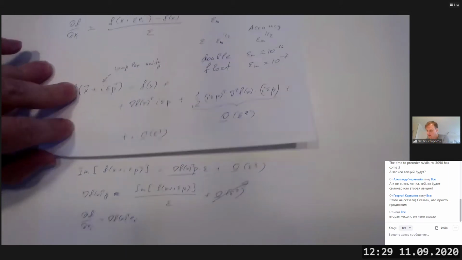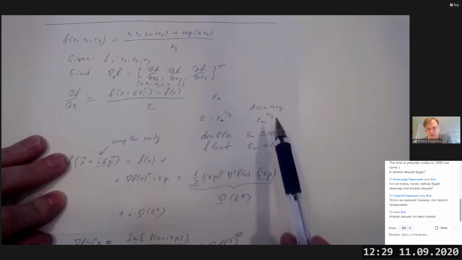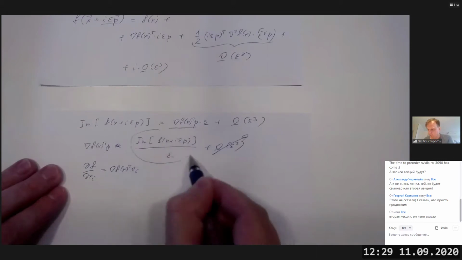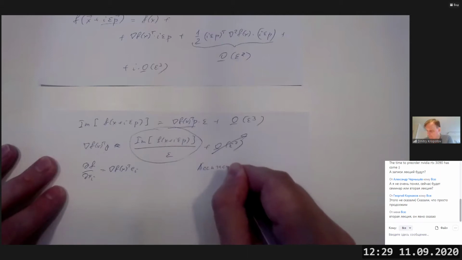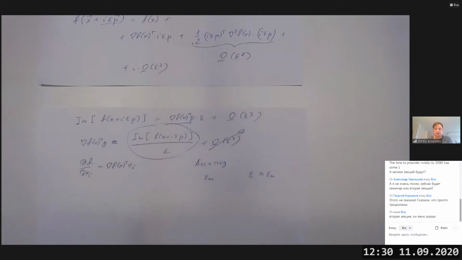Compared to the first method, where our best accuracy was just the square root of machine precision, for this scheme we have accuracy that is just machine precision. And we may take epsilon of arbitrarily low value, approximately machine precision. So if we calculate everything in doubles, we do an almost exact calculation of our gradient using this type of scheme.